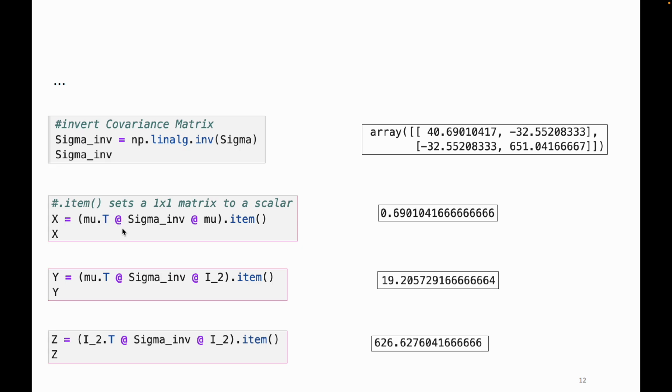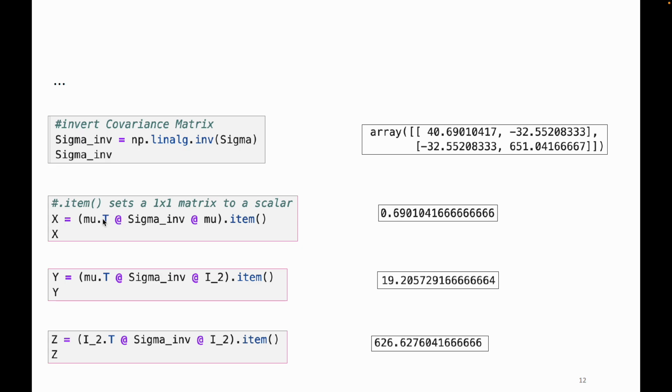One way to do matrix and vector multiplication in Python is to use the at symbol. Mu was a column vector, now we transpose it, dot T, and then multiply by sigma inverse. So now this is the row vector times the matrix. Then we are multiplying it by the column vector. Mathematically, that will be a 1 times 1, so it will be a scalar.